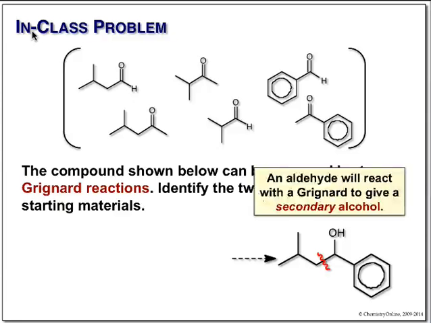If we split here, we have a benzene ring, 1 carbon, so this again is benzaldehyde. That means our Grignard reagent is this 1, 2, 3, 4 carbon unit with magnesium bromide attached here. And it looks like that.